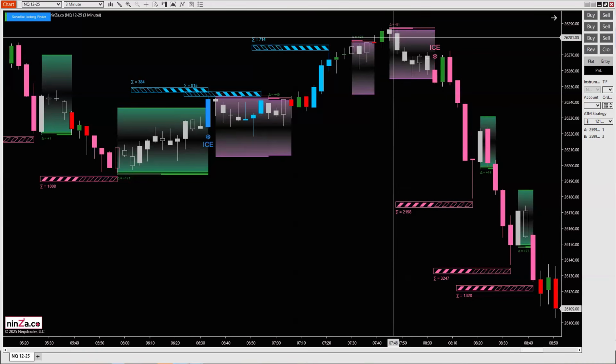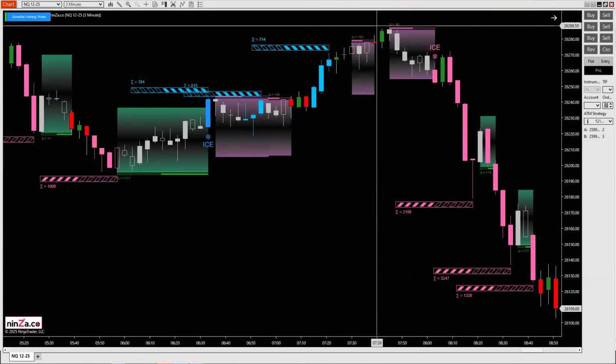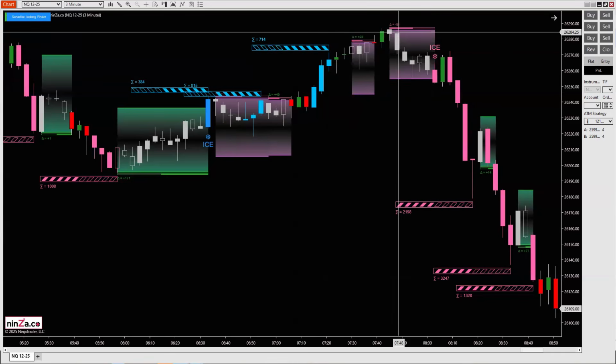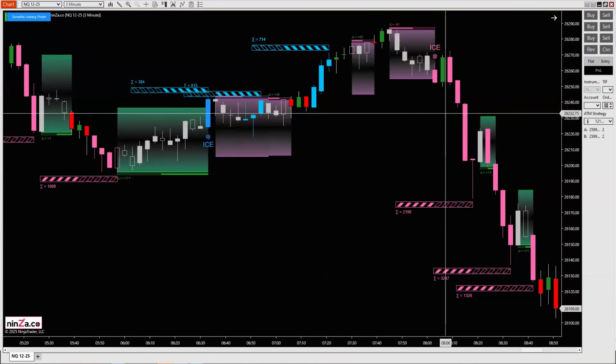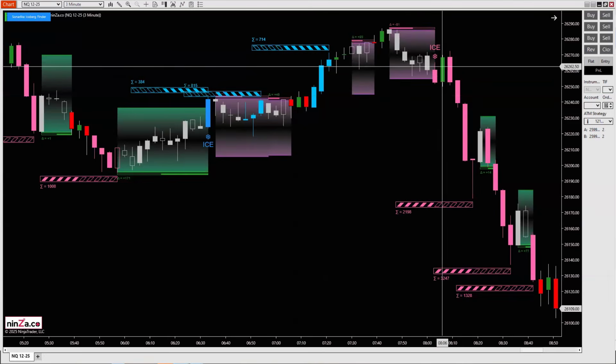How can price go up, and you have negative delta? Well, the answer is it can't. This is manipulation, right? So all these people here were thinking, oh, good, now we're going to go higher. No. This tells you, no, we are not going higher. Price breaks. We have a signal. So here is an ice signal.